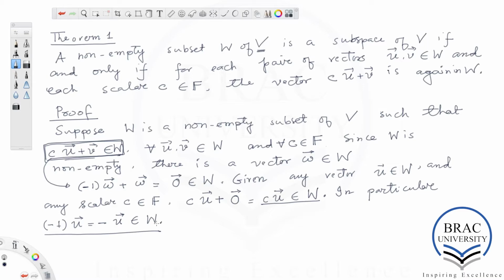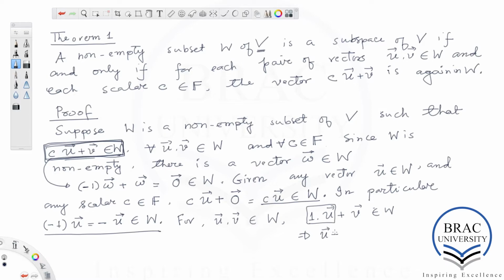Finally, closure of vector addition for u and v in the set W. According to this hypothesis, I choose c to be the scalar 1. 1 times u plus v is in W, right? Which means that 1 times u, according to one of the properties of the vector space, which is listed under 4a, is just u.